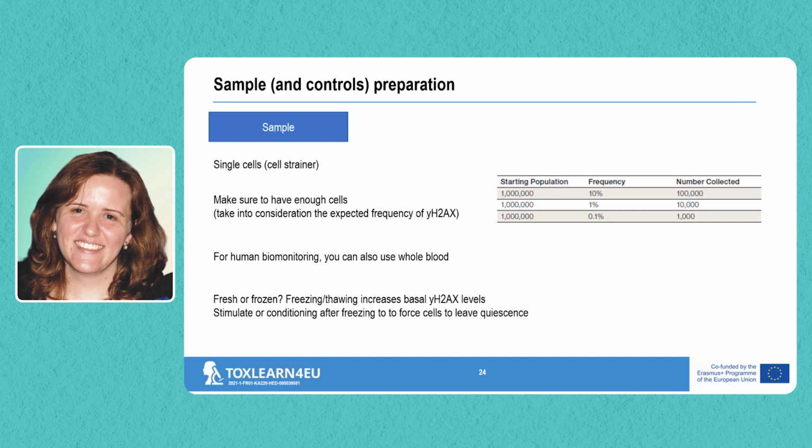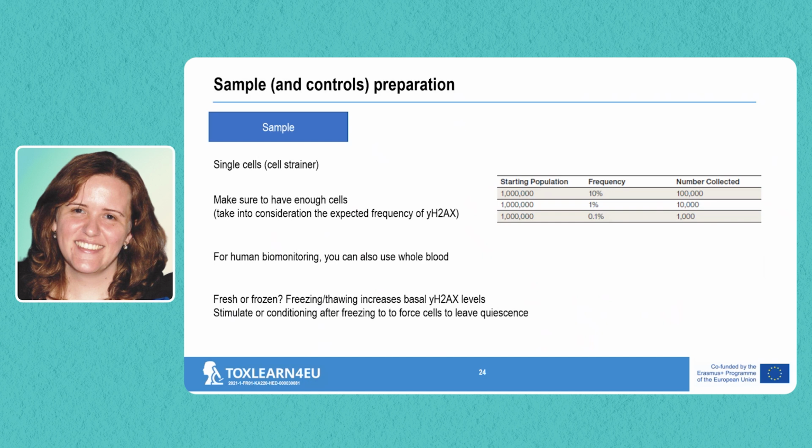But when you're doing human biomonitoring and already expecting low levels of phosphorylation, what can happen is that you will have a very low number of positive events. In that case, you may need to increase your sample population. And there are many occasions when we see that we are losing cells throughout the protocol. So make sure that you have enough cells.